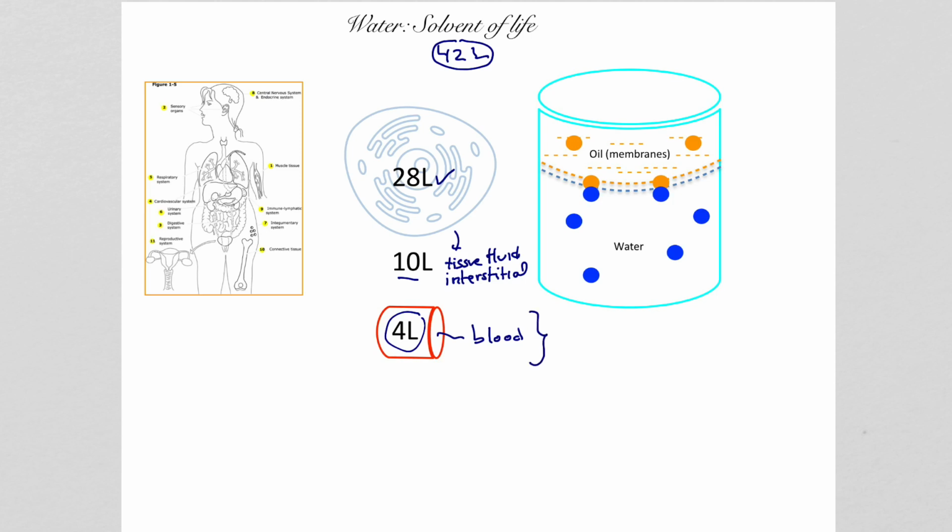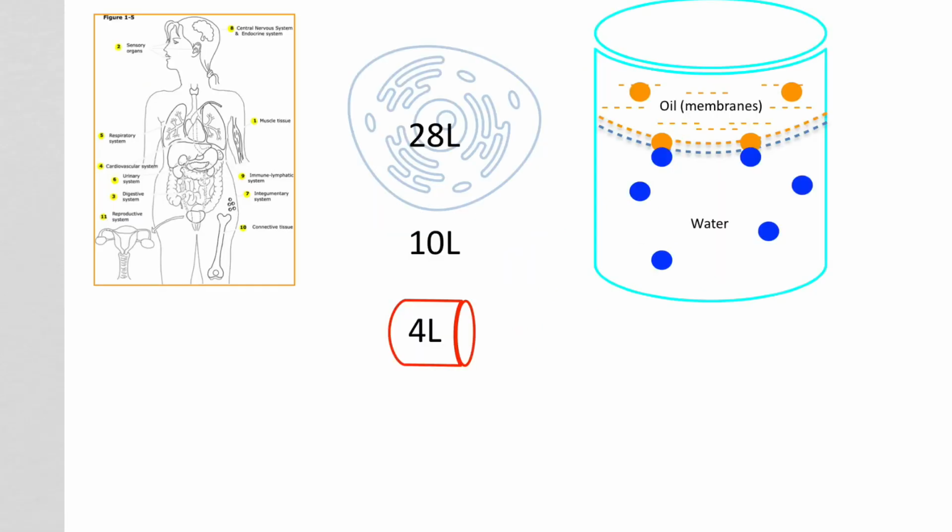Total blood volume is about 5 liters, but then about 1 liter or so is occupied by red blood cells and white blood cells, as well as all the solutes, proteins, and lipoproteins inside the bloodstream. Being a very small molecule with only partial charges, so basically it's uncharged, neutral, water can easily get out.